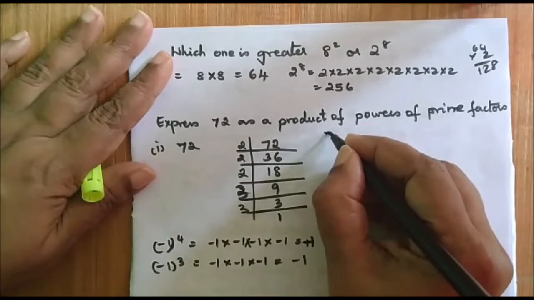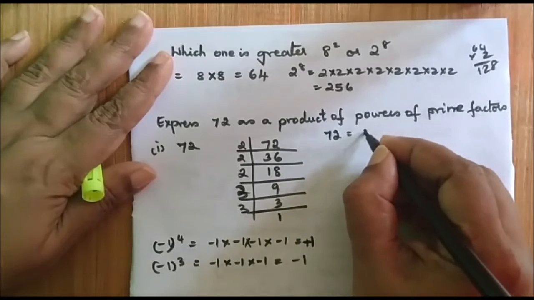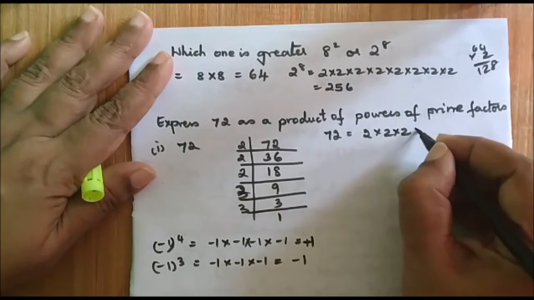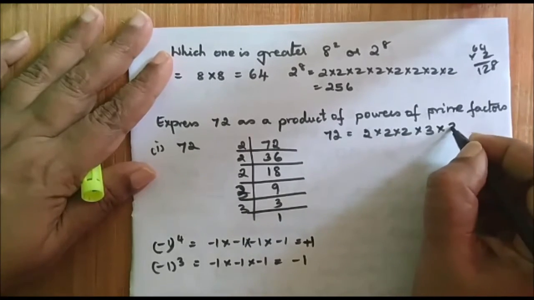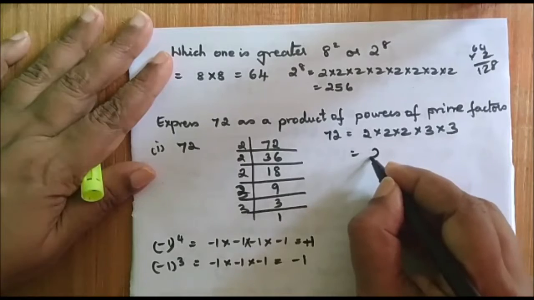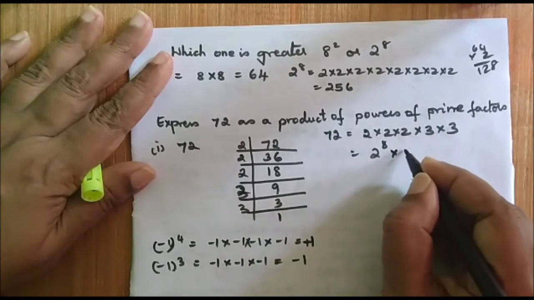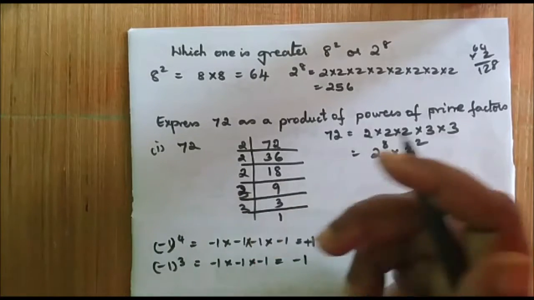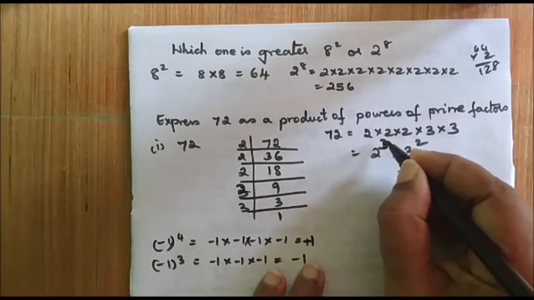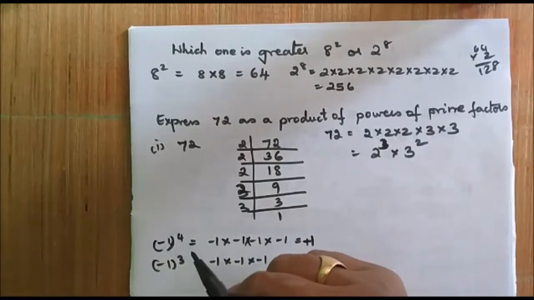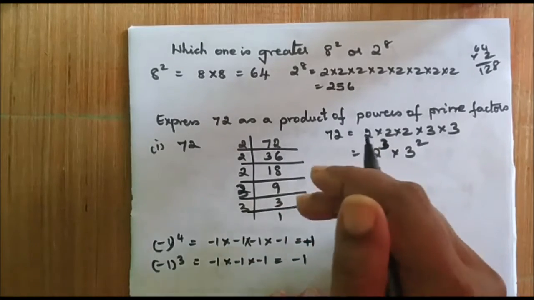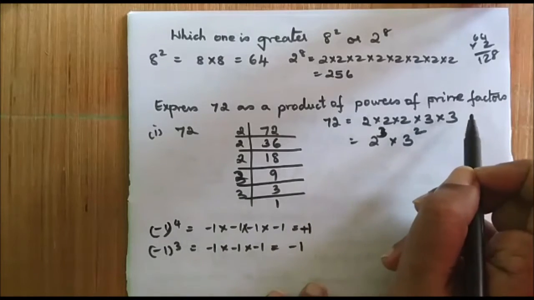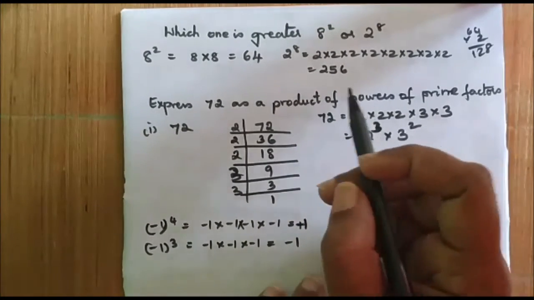So we can write 72 is equal to 2 into 2 into 2 into 3 into 3, which is equal to 2 to the power 3 into 3 to the power 2. I hope you understood how we wrote 72 as a product of the powers of prime factors.